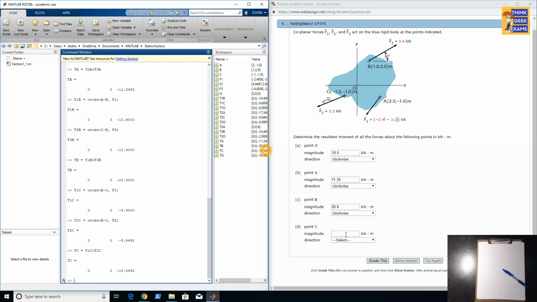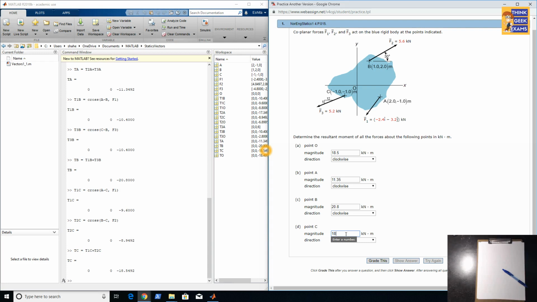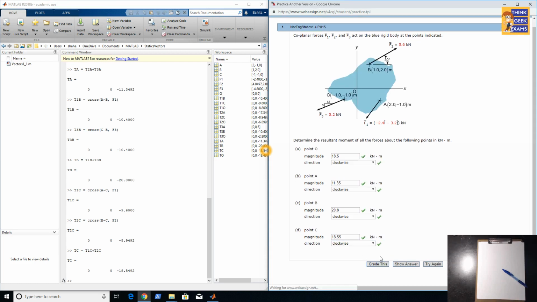That is 18.55 in the clockwise direction, and all the answers are correct.